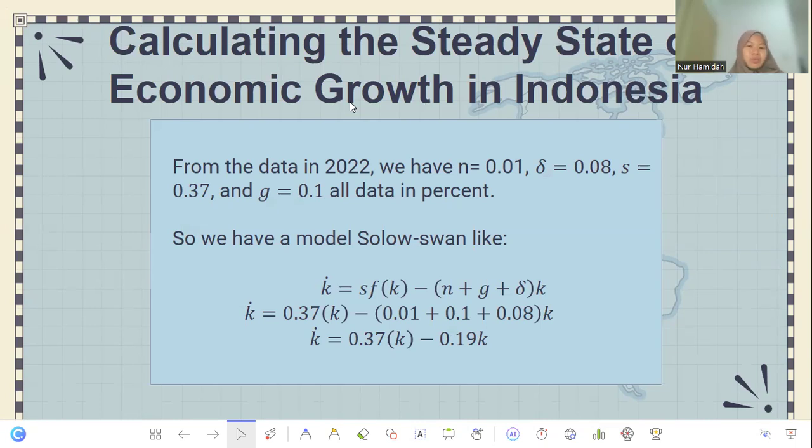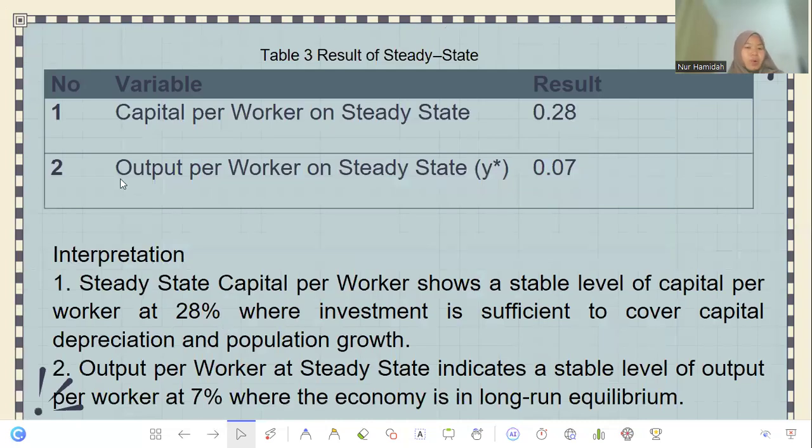So we have the Solow-Swan model like this: k star is 0.37 k minus 0.19 k. After this, from the formula, we can decide the steady state on two factors, that is capital per worker at steady state and output per worker at steady state. In the table, we have interpretation.